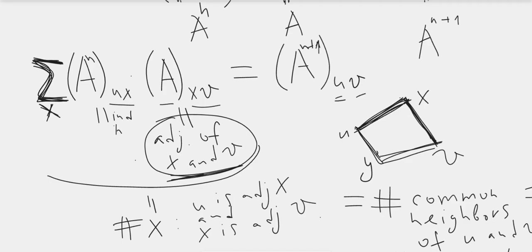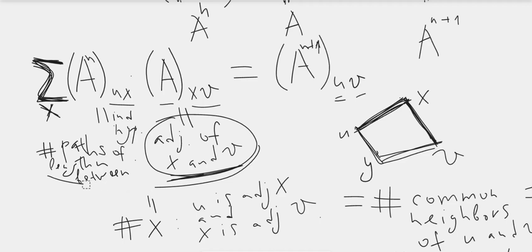By inductive hypothesis, this is equal to the number of paths of length n between u and v.